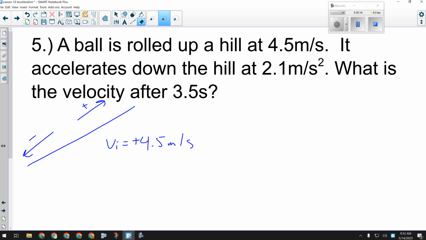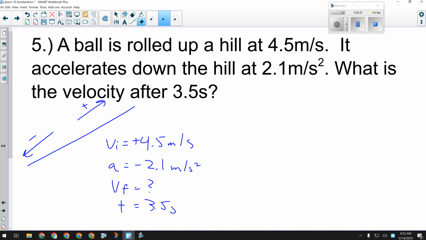Or instead of the positive, I write uphill, because I have the positive here, it's up to you. And I have acceleration, I'm making that negative 2.1 meters per second squared. And what's the velocity after 3.5 seconds? So I'm looking for VF, and I'm told T.